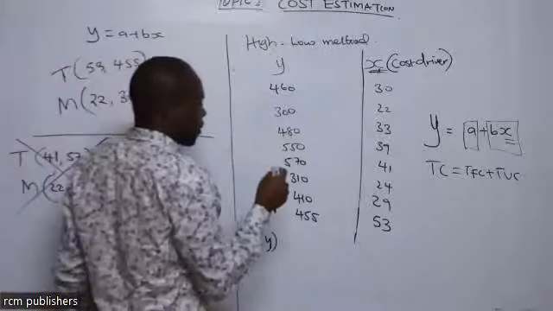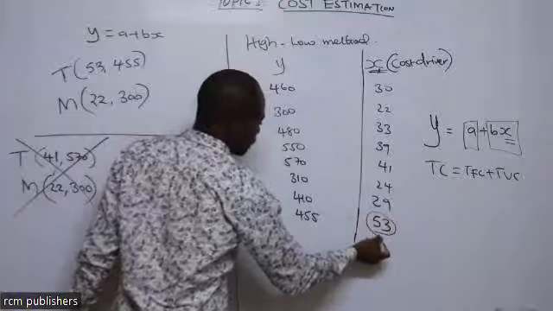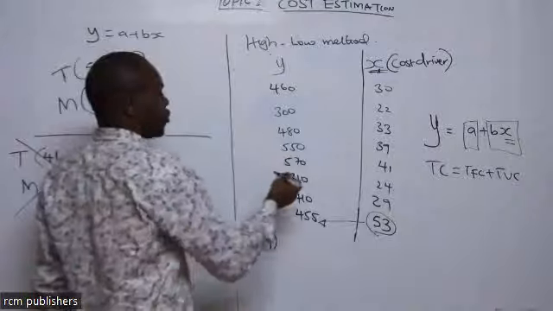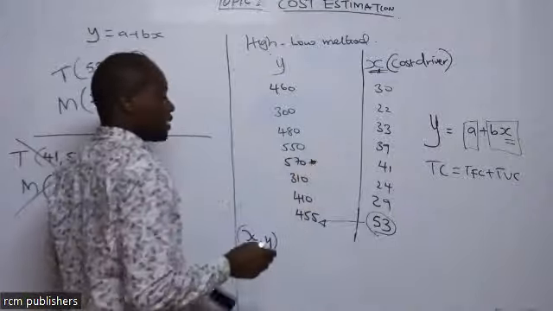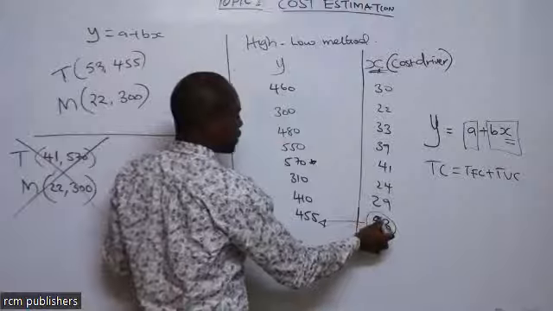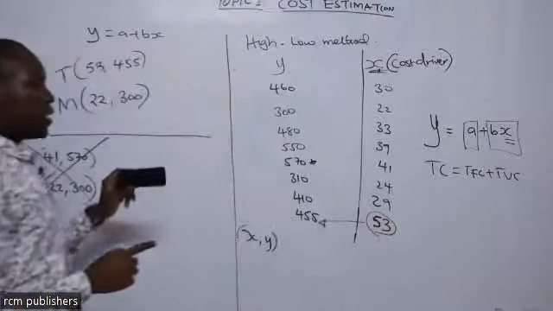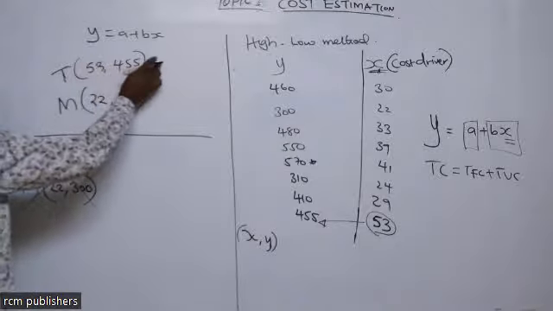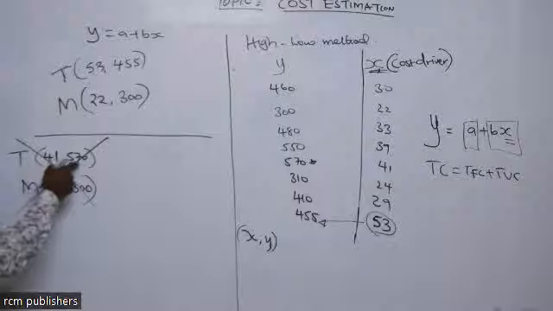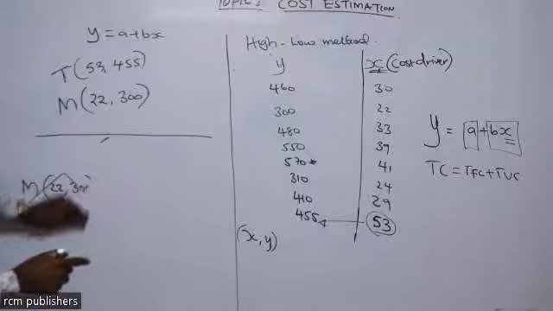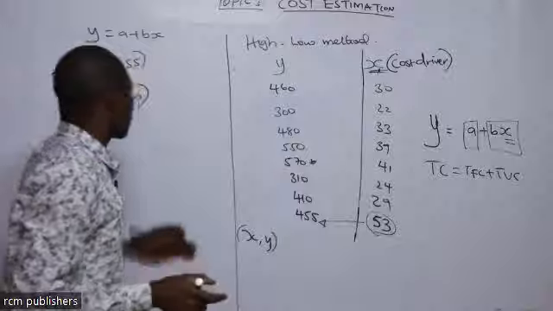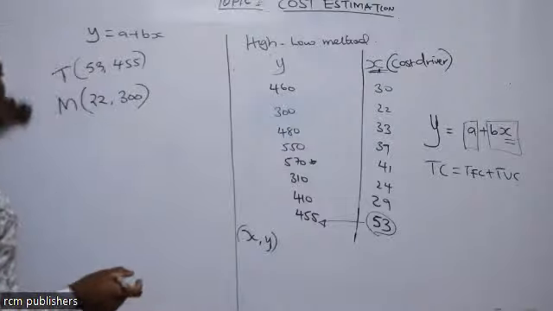Even if the highest value of X does not correspond to the highest value in column Y, we still just consider the highest value of X. And that's why we are saying that the group which took 53, 455 instead of 41, 570 has got the right answer. So let's do away with this. We've now known how to identify such.